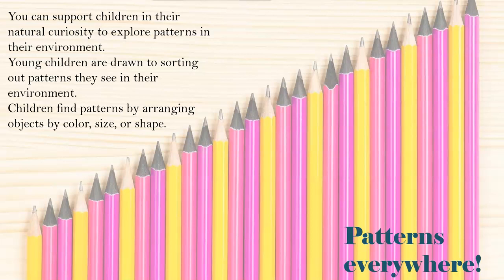They're drawn to sorting out patterns that they see throughout their environment. Children find patterns, once again, by arranging objects through color, through size, through shape, and even through sound. Next slide.